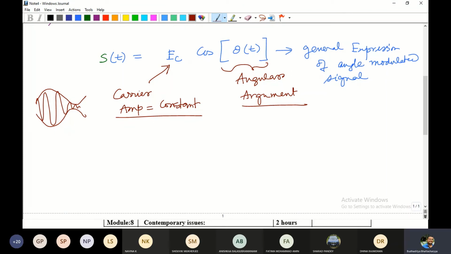So you can very well say that PM and FM can ideally be used interchangeably. It is not actually fair to write this, but I write it this way just for your understanding. We'll define that later.